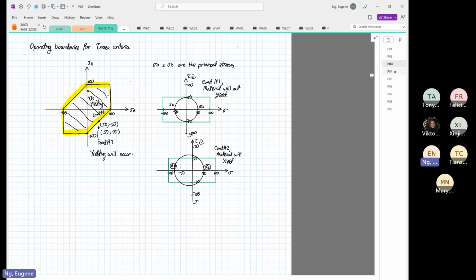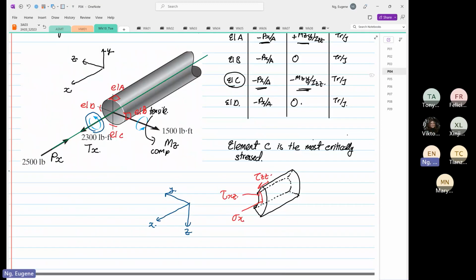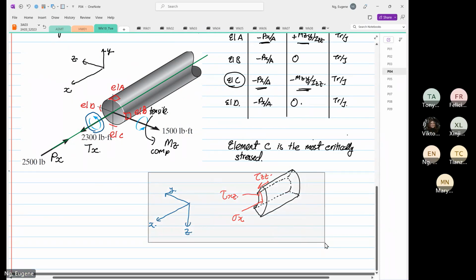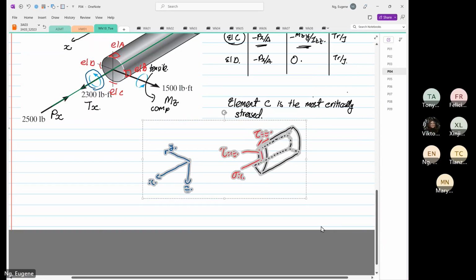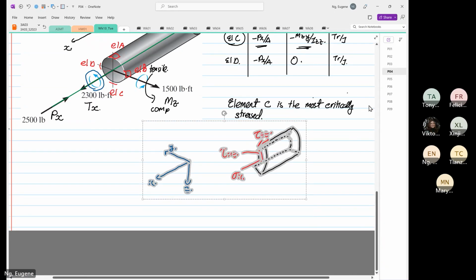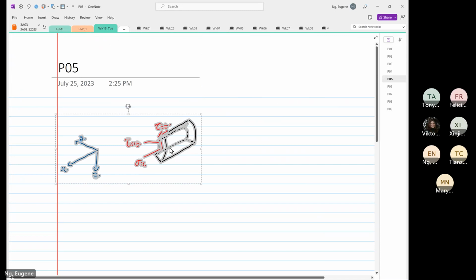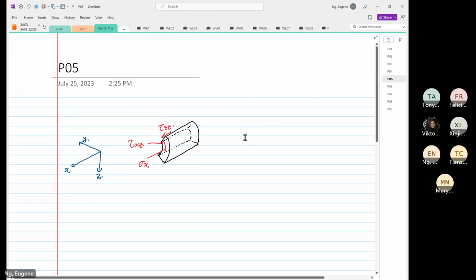Just a simple sketch. Okay. So from here, I'm going to copy the whole thing, the transformation. Right. So I'm going to label this.